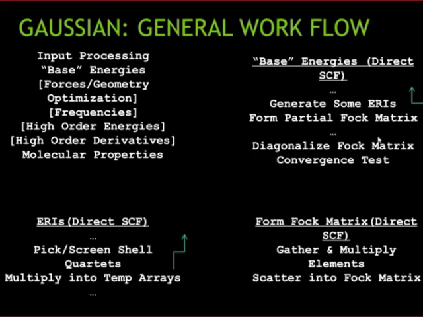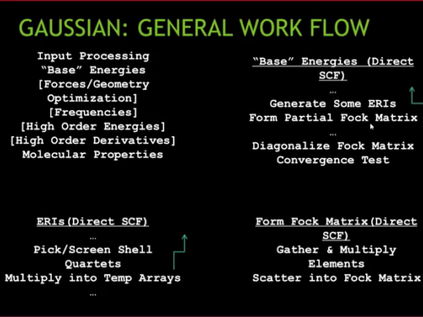The Hartree-Fock calculations on the right essentially consist of two pieces. You form the Fock matrix, and then you diagonalize it to get energies and determine convergence criteria, and you do this in an iterative manner until you achieve convergence.